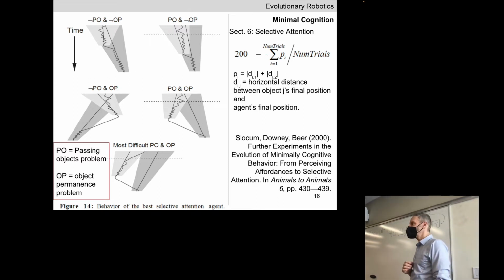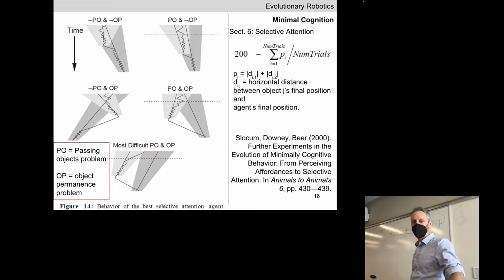And we also have the object permanence problem. What is the robot doing in this pretty challenging environment? Again, we'll put imaginary scare quotes around everything here. What is the robot thinking? What is the robot doing?